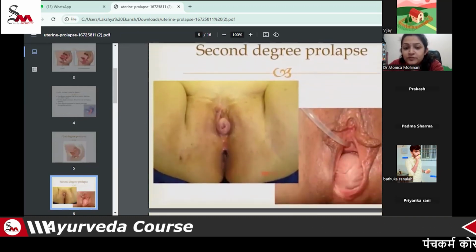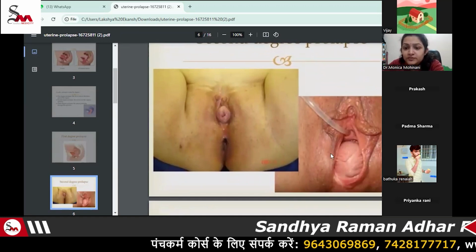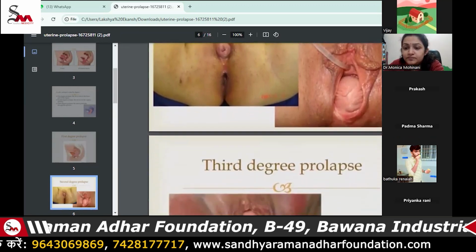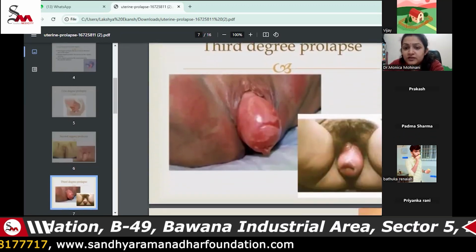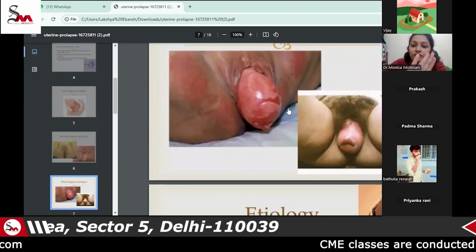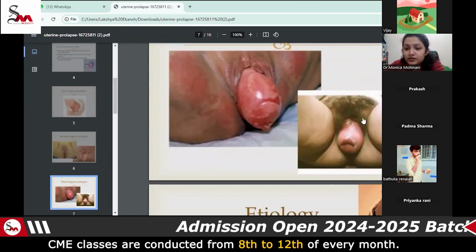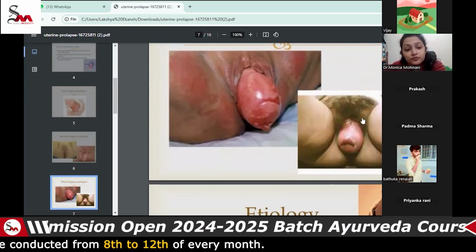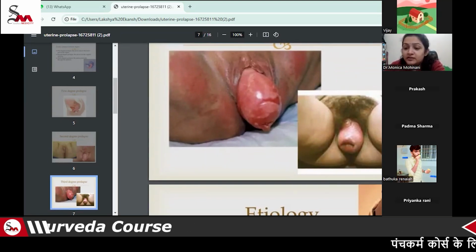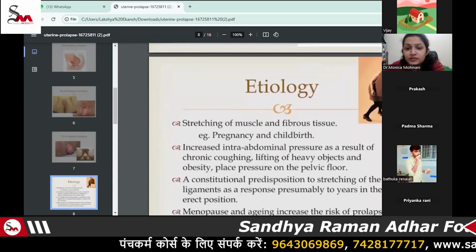In second degree prolapse, the lower part is here, and with the help of an instrument we can see it very easily. In third degree prolapse, it is always outside. With support, we can push it back many times. Due to this, the regular processes of defecation and micturition are also hindered, and the risk of infection is increased. So special precaution and care is to be taken.